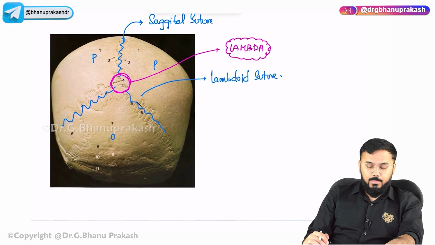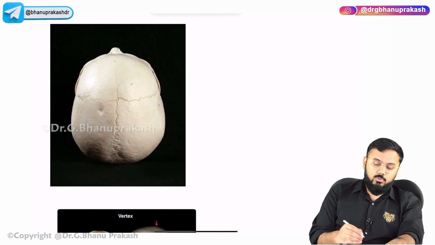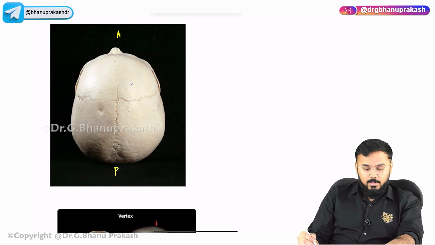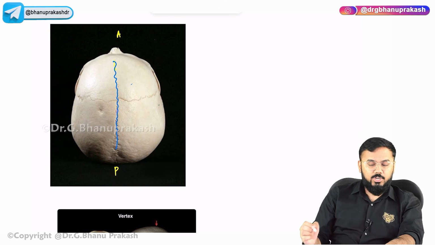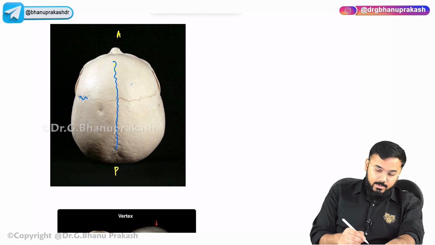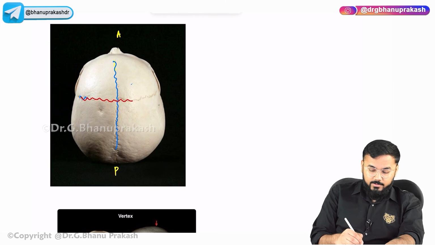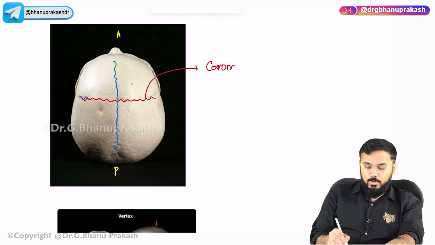Now if you look at this, this is your anterior part, this is your posterior part. This particular suture is called as sagittal suture, and this particular suture which I am drawing right now with the red is called as coronal suture.